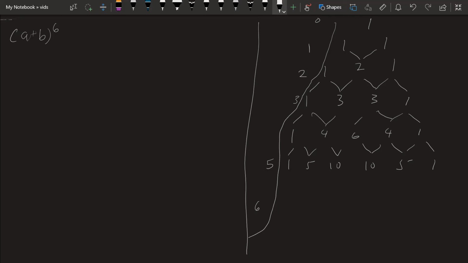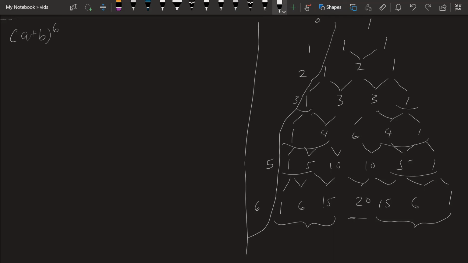We have 1 goes here, 6 comes here, 15 is here, 20, 15, 6, and 1. By the way, guys, if you notice something, this is repeated on both sides, and then you have a different number in between. It's a very beautiful pattern in every single section, if you can see it. You might want to memorize it like this, but that's up to you.